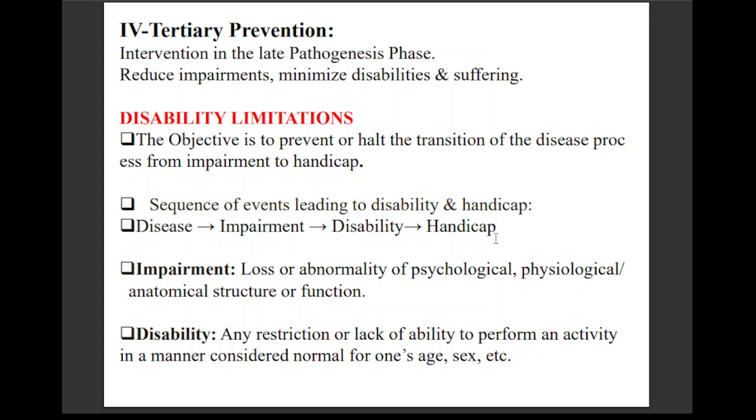Impairment is the loss or abnormality of psychological, physiological or anatomical structure or function. And disability is any restriction or lack of ability to perform a particular act or activity. So impairment means it has that thing but it is not now functioning. Disability means it has lost that function.